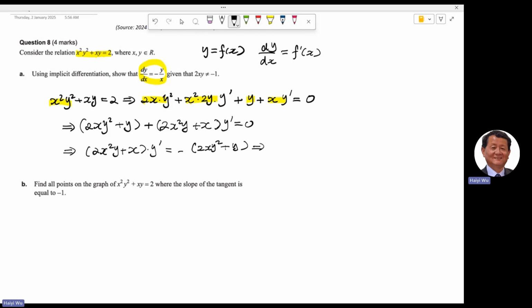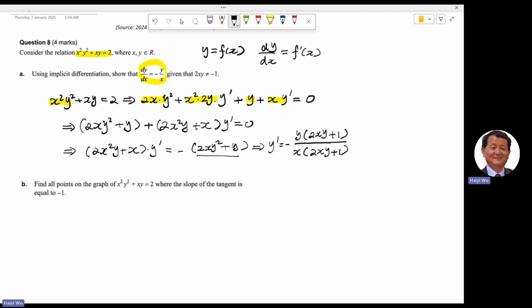Therefore y dash will be negative of, taking y as a common factor, 2xy plus 1, divided by, taking x as a common factor, 2xy plus 1 as well.